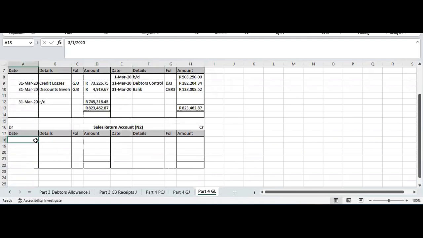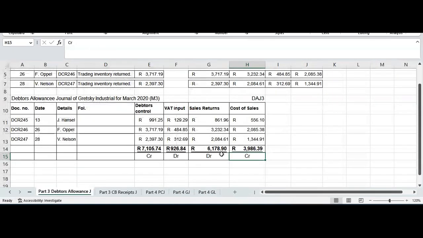Okay, so we know that there was a balance at the beginning of the month. They give us that, and the thing that will influence that is obviously everything that we recorded under sales, under the sales column in our debtors allowance journal. Okay, let's go to our debtors allowance journal.